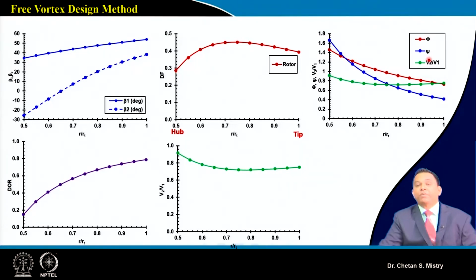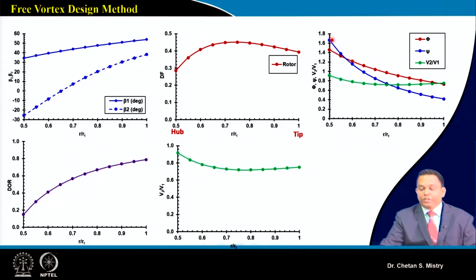This is representing how my flow coefficient is varying along the span. Here 0.5 represents the hub and 1 represents my tip location. So this is representing my loading. If we look carefully, we have higher loading near the hub region and comparatively lower loading near the tip region.